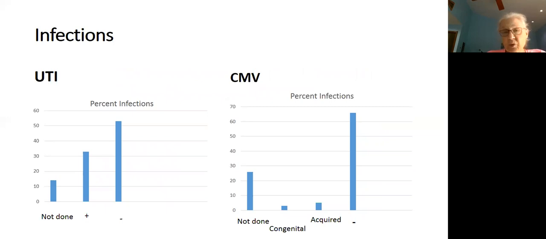So we do see lots of infections. We see lots of UTIs. We need to think about CMV, not only congenital, but one of the tidbits I wanted to point out was that in premature infants, CMV can be acquired through expressed breast milk.